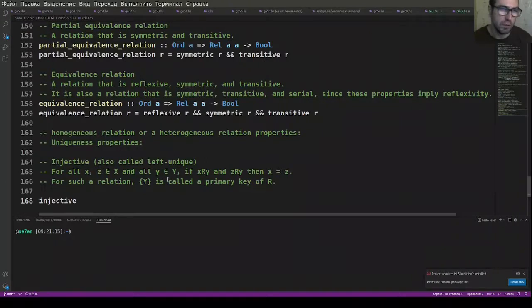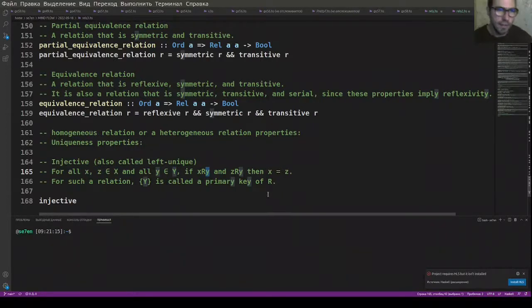The first property of this group is injectivity. A relation is called injective if for all x and z belonging to some set X, and all y belonging to set Y, if x is related to y and z is related to y, then x equals z.